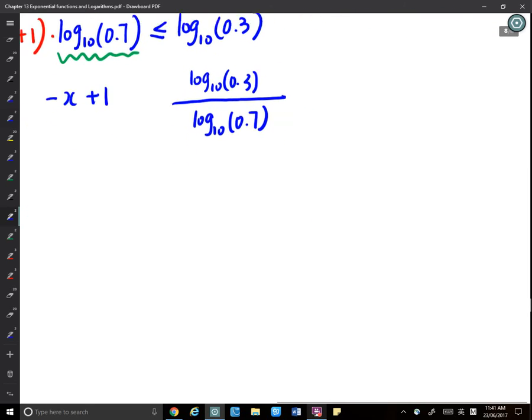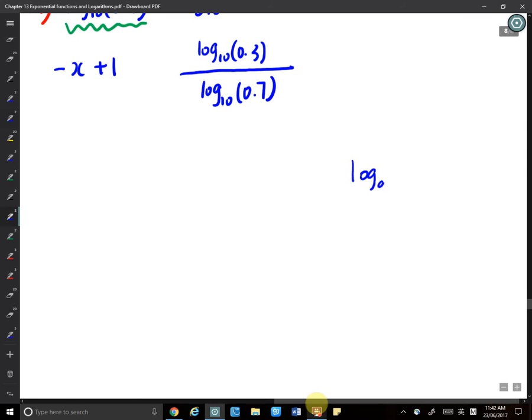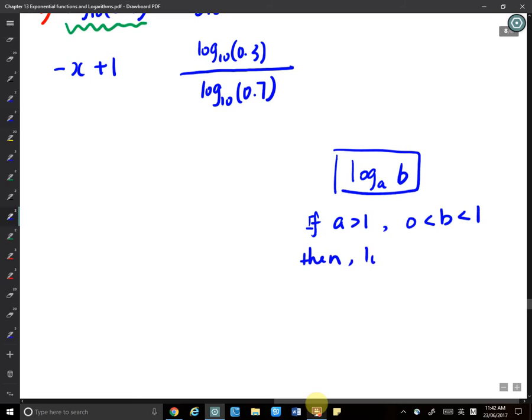Let's say we have the number log base A of B. If A is greater than 1 and B is in between 0 and 1, then log base A of B will be negative. That's the first case.